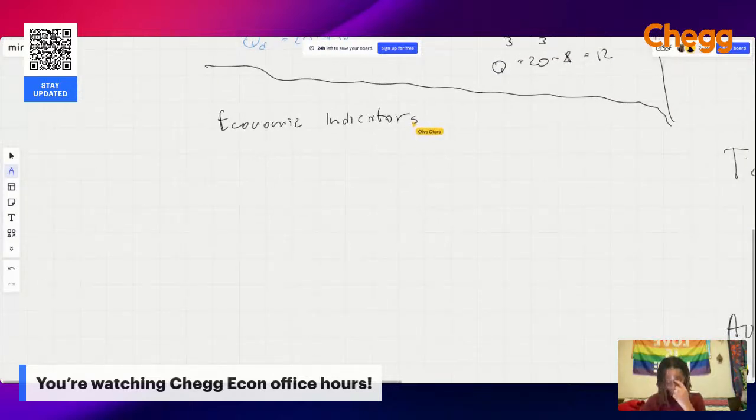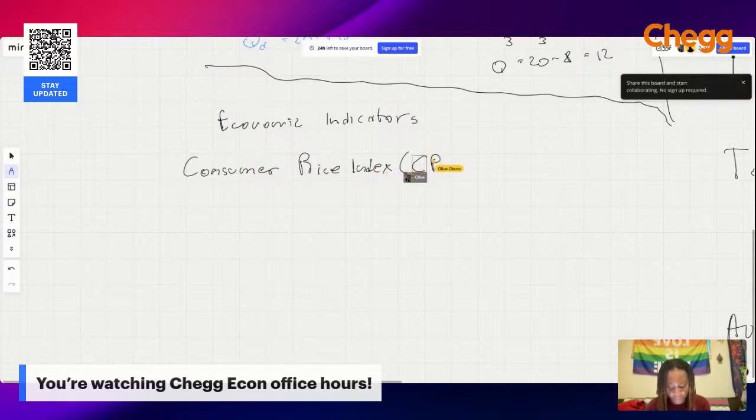Cool, okay. So the question is, if the consumer price index was 120 last year and 125 this year, what is the inflation rate? So we're going to do consumer price index.